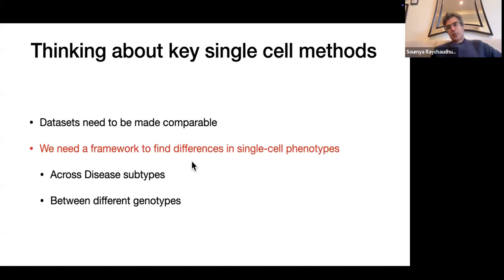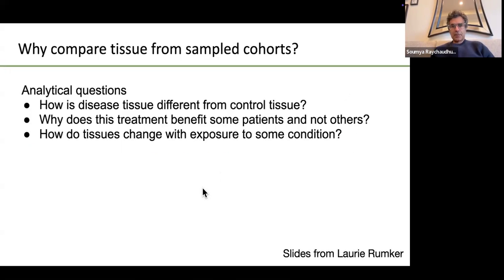Okay, so now we need a framework to find differences in single cell phenotypes. A lot of the slides I'm presenting here and the content here is courtesy of Lori Rumker. When Yakir and I started working together, we had some analytical questions, which is how is disease tissue different from control tissue? How do we think of treatment?